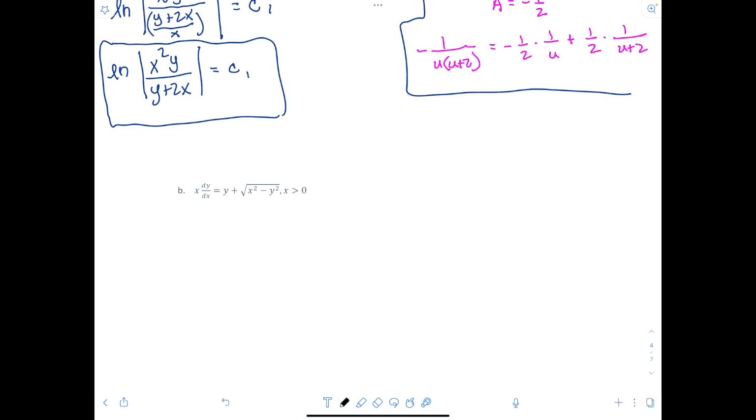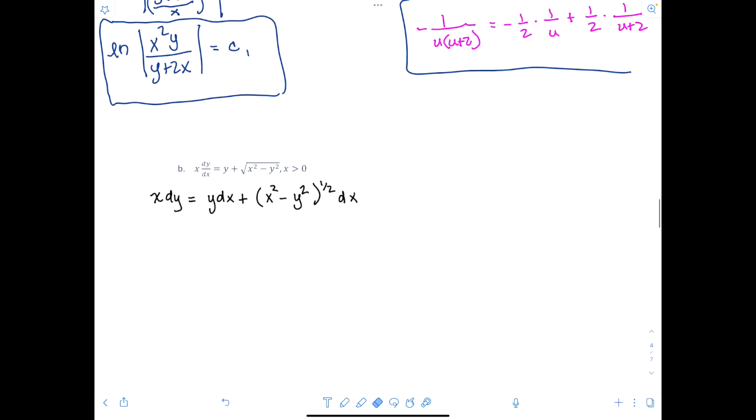If I multiply both sides by dx, I'll get x times dy equals y times dx plus, I'll put this in rational exponents, x squared minus y squared to the 1/2 times dx. Cool? Now let's get 0 on one side and then put those dx terms together.